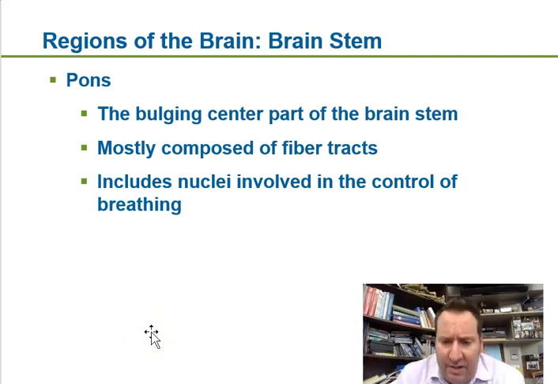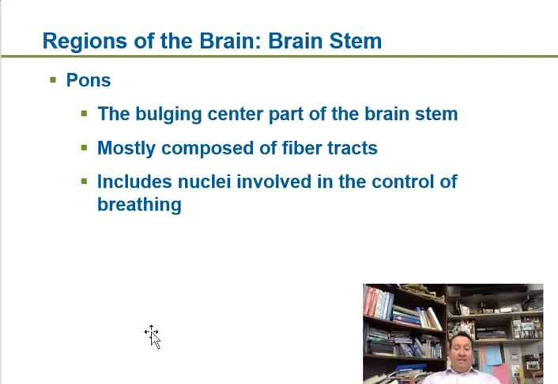The pons: one of its major jobs is controlling breathing, and it does have a slight role in hearing, a little bit of a role in balance, and a little bit of a role in taste as well.